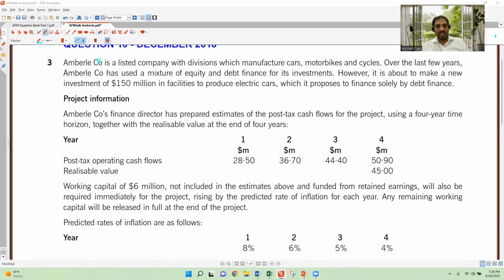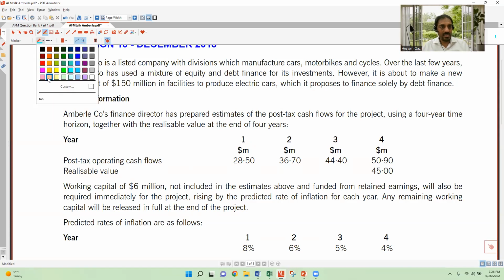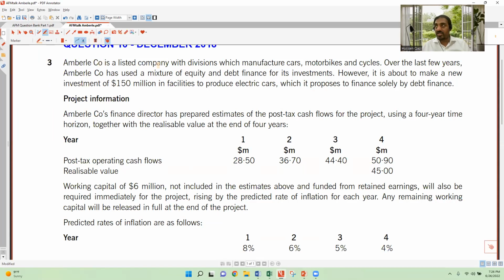Now, I'm going to read the question. Amberle is a listed company with divisions which manufacture cars, motorbikes, and cycles. The examiner is mentioning one very important thing: a student must also be aware of the background of the question.